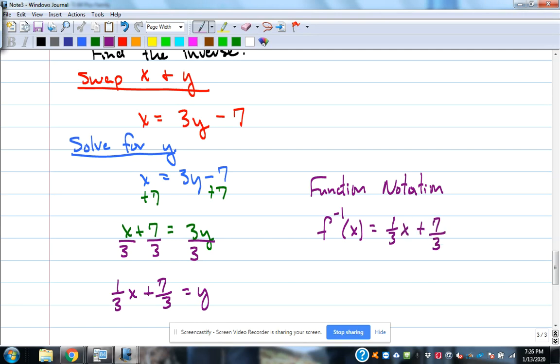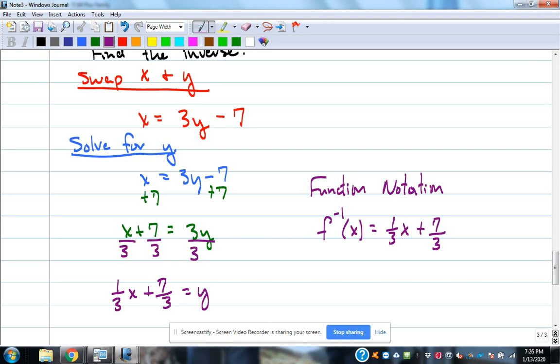The way that's read is f inverse of x is equal to 1/3 x plus 7 over 3. So swap x and y, solve for y again. Then once you get there, change it to the function notation, and that's the inverse function.